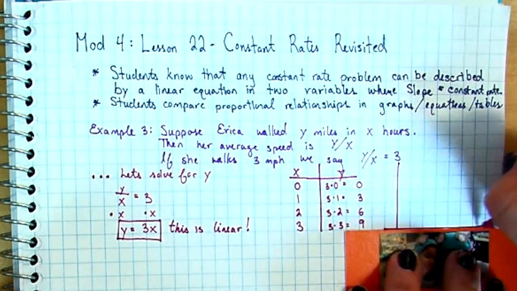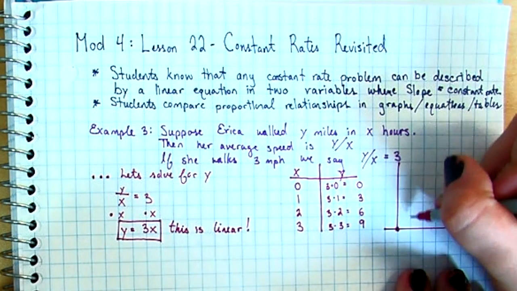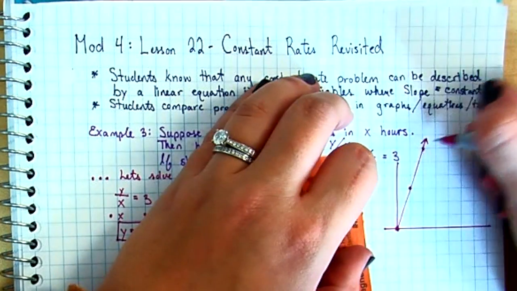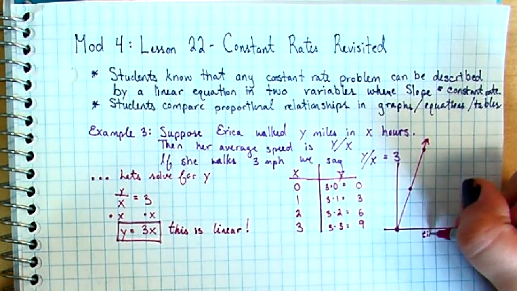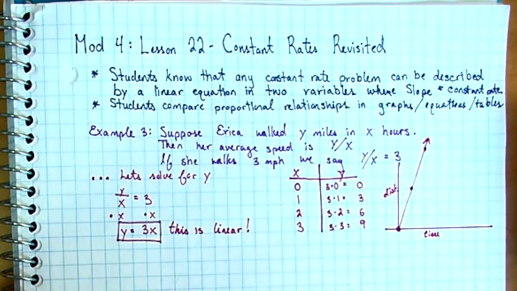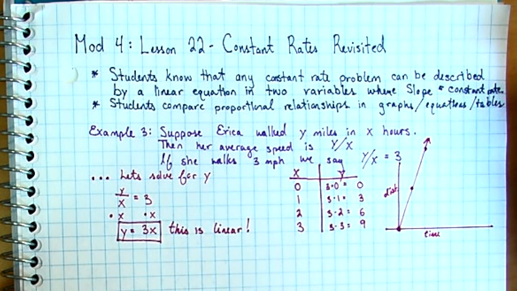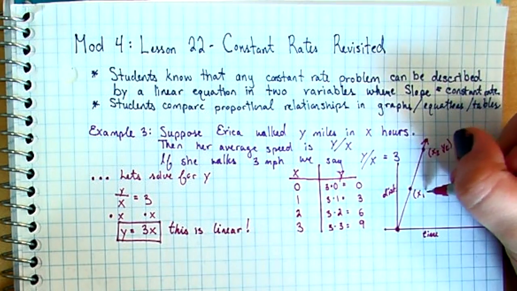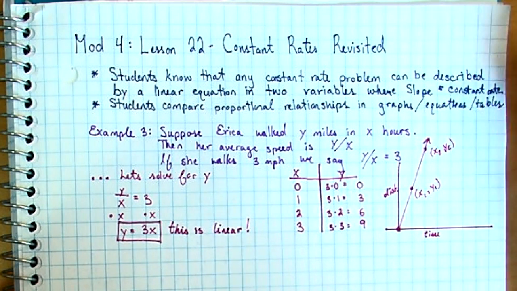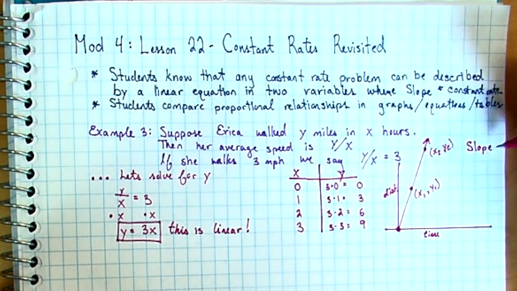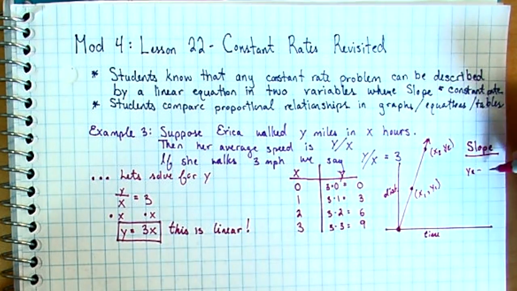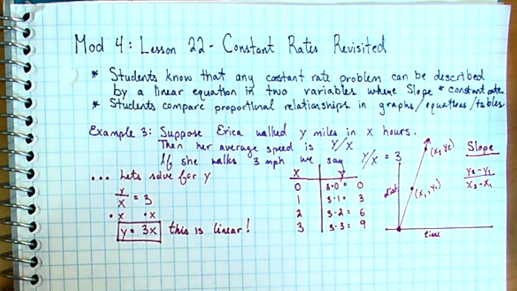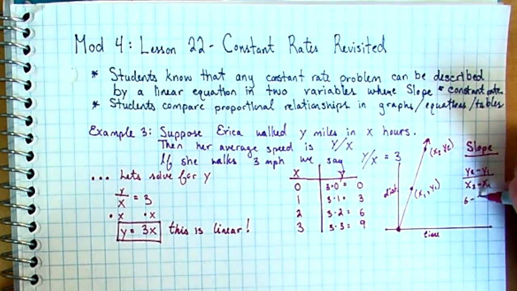And then I'm going to look at a quick graph, because what I want to determine is that my slope is the same as my constant rate. So if I have these coordinate points, (0, 0), (1, 3), (2, 6), I can really clearly see, using any 2 points, that my slope is going to be 3, which is the same as my constant rate.